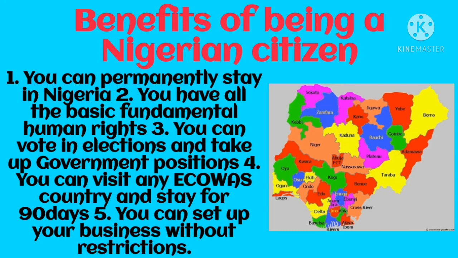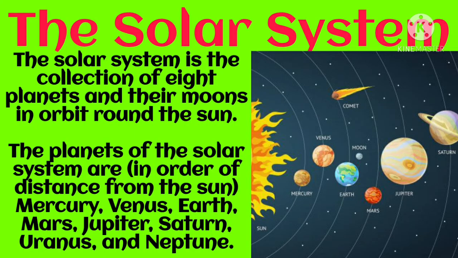So these are all the benefits of being a Nigerian citizen: staying in Nigeria, having your fundamental human rights protected, voting in elections, taking up any government position, visiting any ECOWAS country for up to 90 days without any harassment, and setting up your business without restriction in the country.